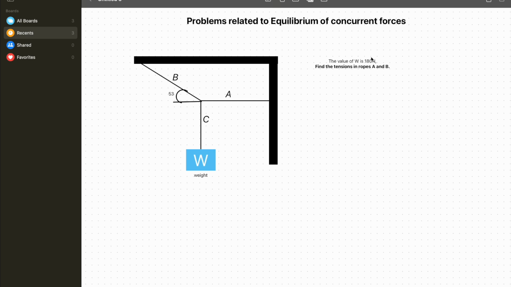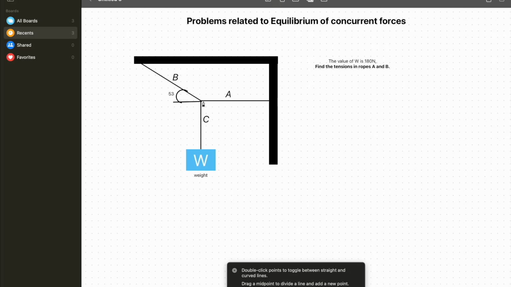So the magnitude of the weight is 180 Newton. Find the tensions in ropes A and B. Let us try that sum. It asked us to find the tensions in ropes A and B, right?